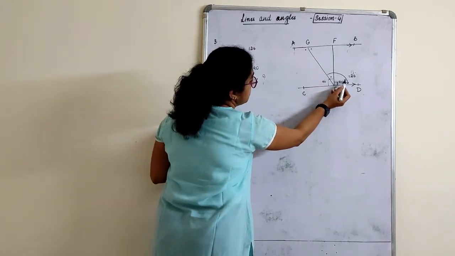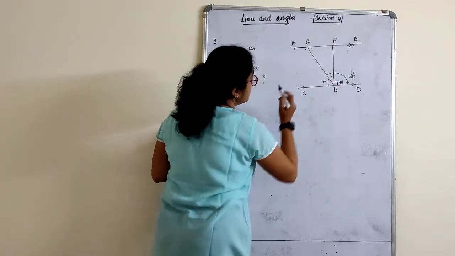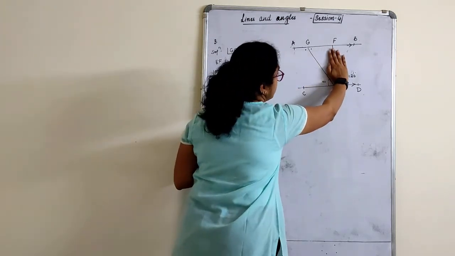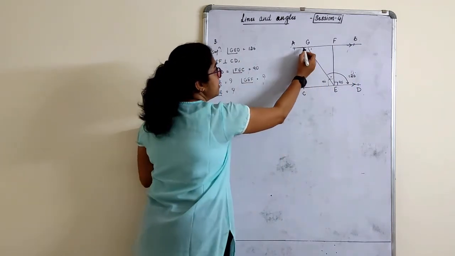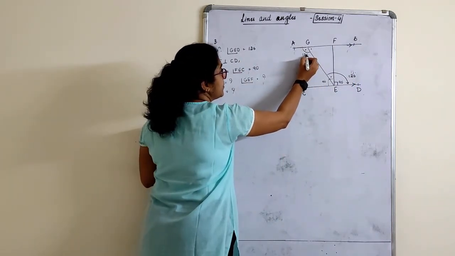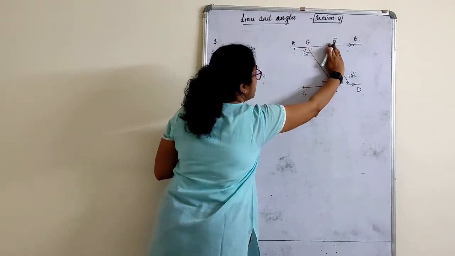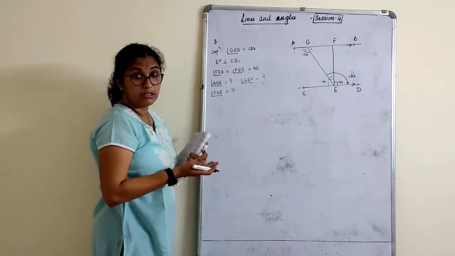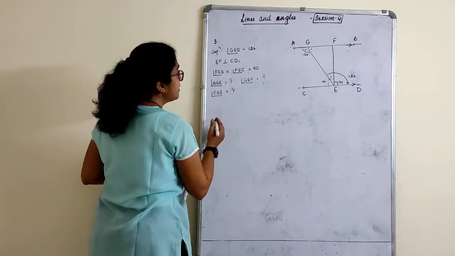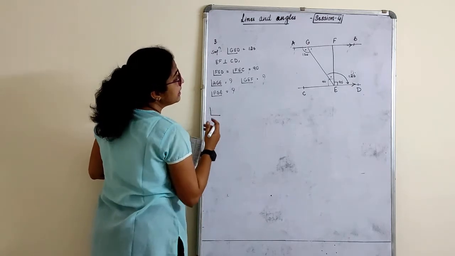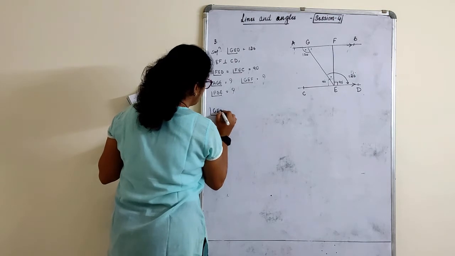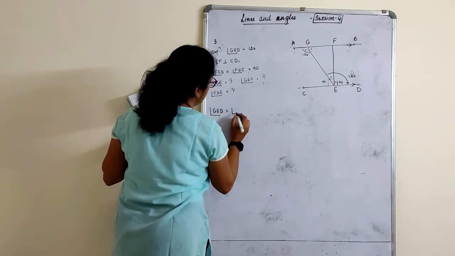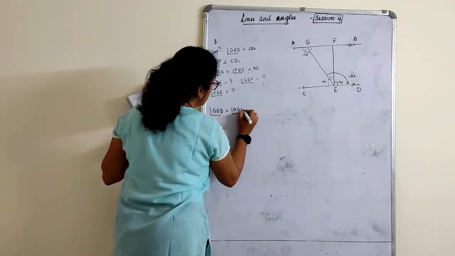Okay, now look at the figure quickly. Since this angle is 126, forget that anything else is there. Whatever this is has to be the same angle, so directly I can tell this is 126. Forget that this perpendicular line is there. So we can use alternate angles. So the first part is already done. I can tell angle GED is equal to angle AGE.